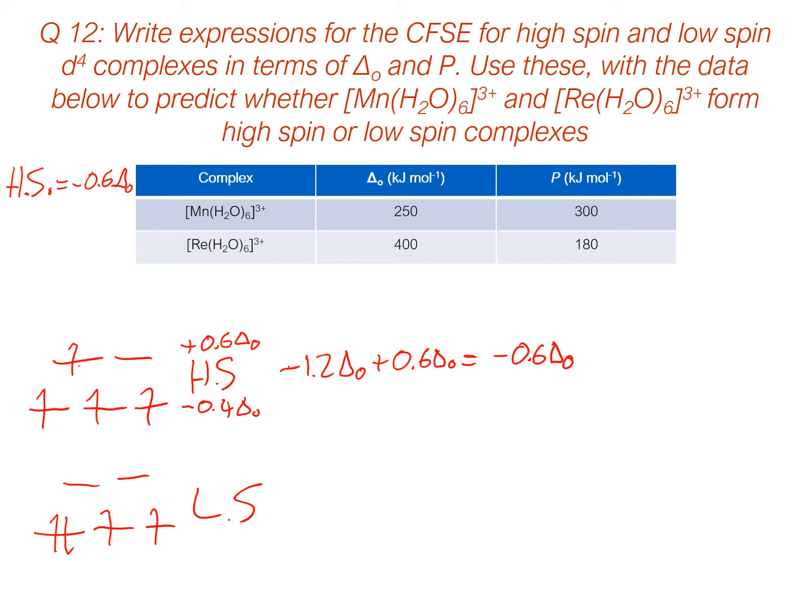For the low spin, we have to take into account the pairing energy, because we've got 2 electrons paired up in one of the orbitals, and these electrons are going to repel each other. So this takes energy. So first let's look at the delta O term though.